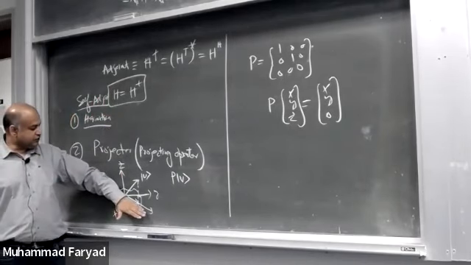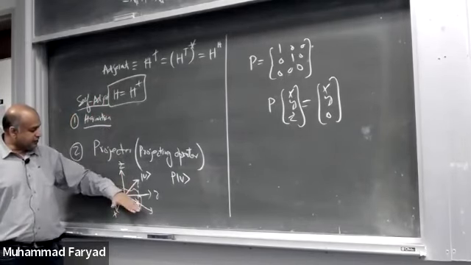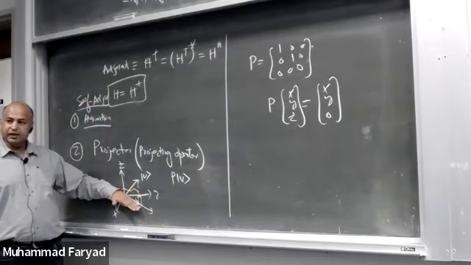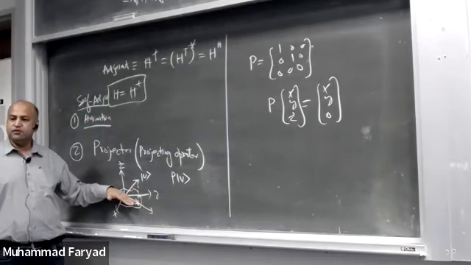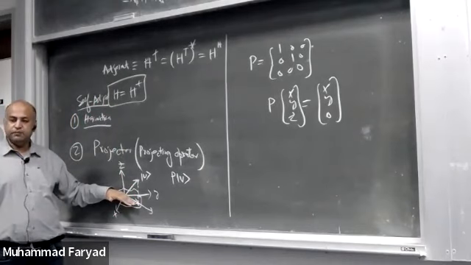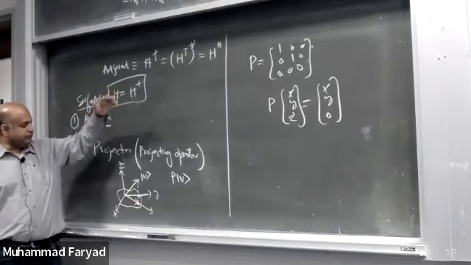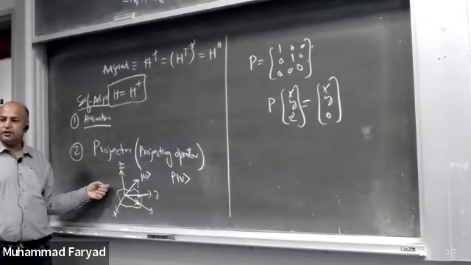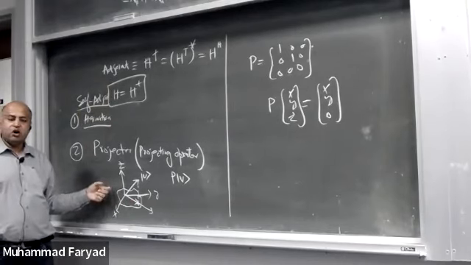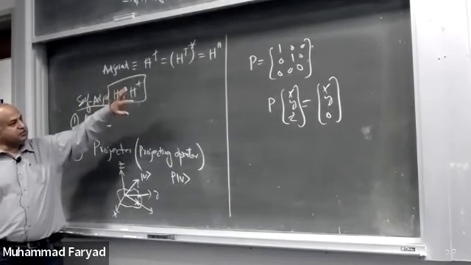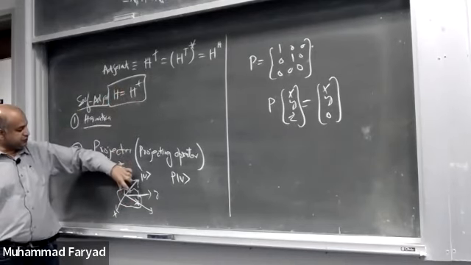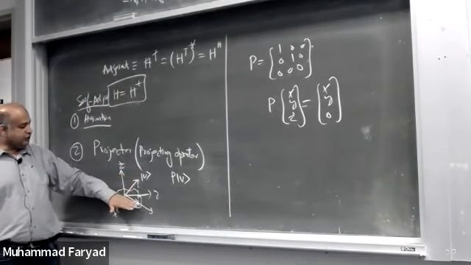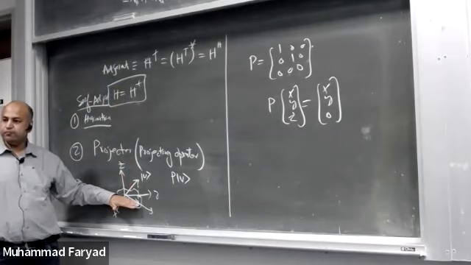Now it has the same direction as the projection itself, but it has double the magnitude of the projection. Okay, so if you have a minus somewhere, you might project it to some other direction. So it's not an arbitrary projection, it's a special projector operator that preserves the magnitude and direction in the subspace.